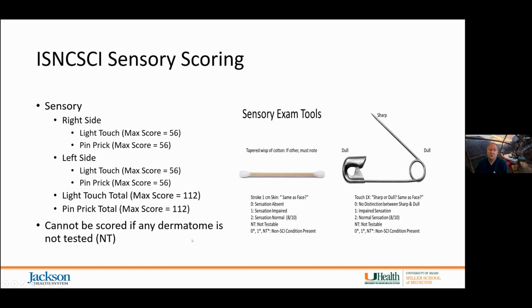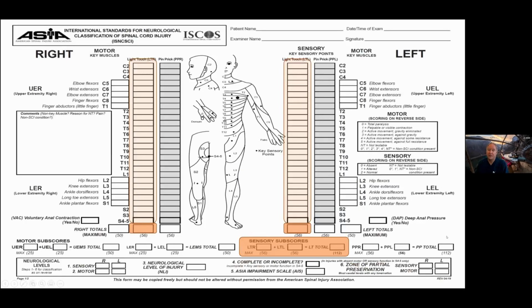As we go through, we have to make sure that we report if a dermatome is not tested, or if you're using something other than what we are qualifying. So keep in mind light touch on the right side, light touch on the left side at each of 28 dermatomes would give you a total score of 56 on the left, if everything was intact, 56 on the right, and you would add those two things up for a total score of 112.